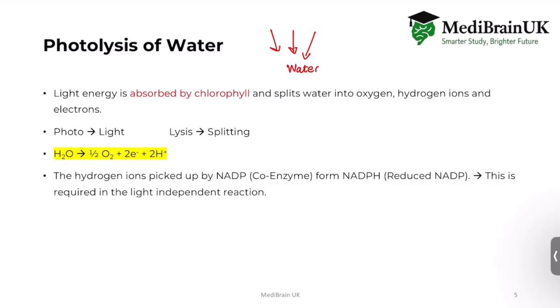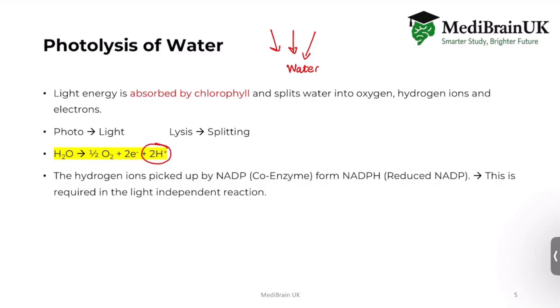Now, remember, when anything picks up a hydrogen ion, it becomes reduced. So NADP is a coenzyme. Okay, it's a coenzyme that's going to be present within the chloroplast already. What's going to happen is that the NADP coenzyme that you have present within your chloroplast, it's going to pick up the hydrogen ions. So we know that the water has been broken apart and we formed hydrogen ions from the water.